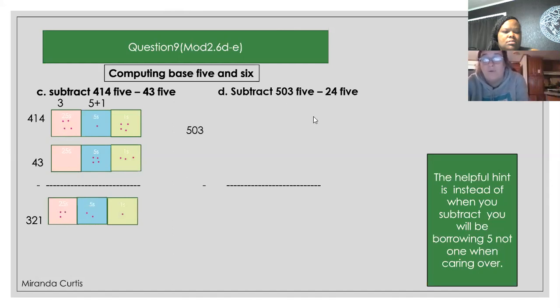Now we're going to come over here and we're going to subtract 503 base 5 or 24 base 5. Wasn't expecting the wave. So we're first going to put our numbers up like we normally do. We're just going to use boxes and dots to help us. So in our first 25 spot, we're going to have 5 dots. In our ones, we're going to have 3.